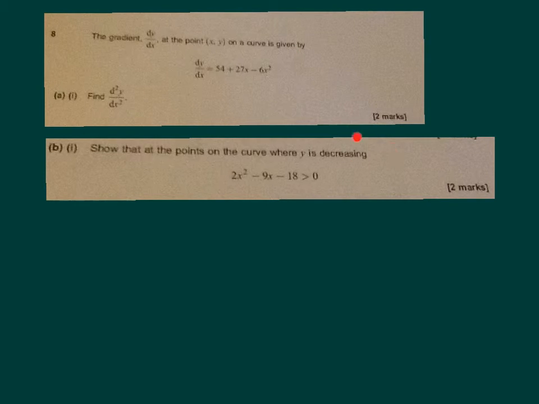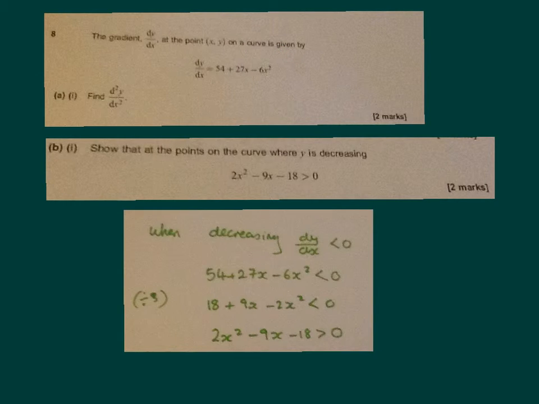So we're saying, right, when is dy by dx negative? And negative is when it's less than 0. Okay, so as soon as you realise that, just go with it. Because as soon as you say, right, look, it's decreasing when the gradient's less than 0, so I've got an expression for the gradient here. So I'm going to set that, and I'm going to say, right, my gradient's less than 0.